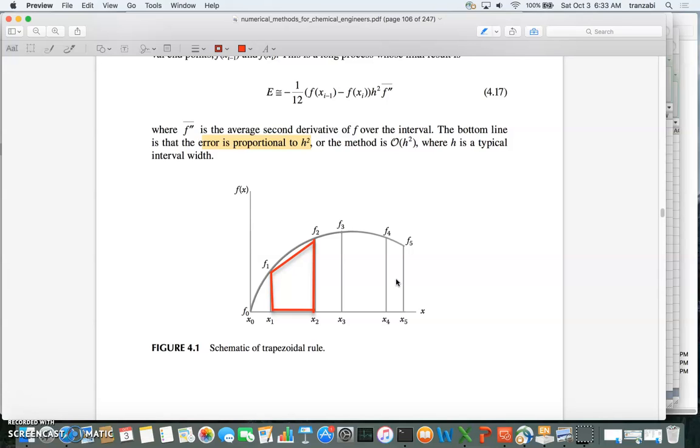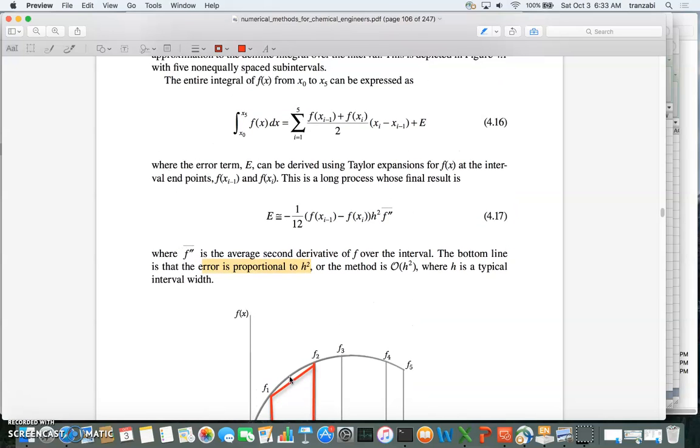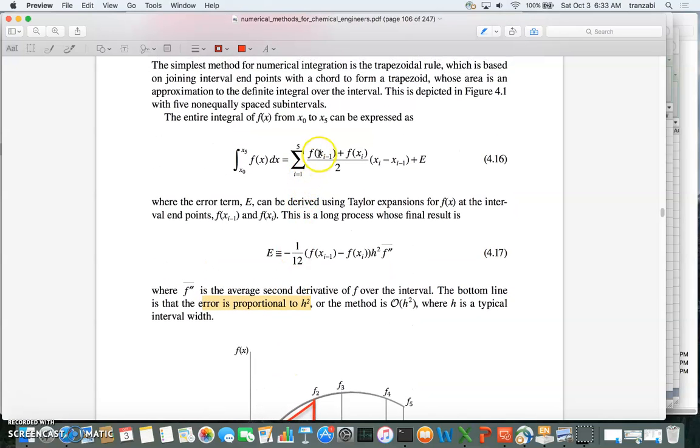Okay, so let's go back and see how we can calculate the area. We know that the area of a trapezoid is the sum of the two bases, there's one base here and another base here, multiplied by half of the height. And that's exactly what is here. This is the first base, this is the second base, f at point xi and f at point xi minus 1.